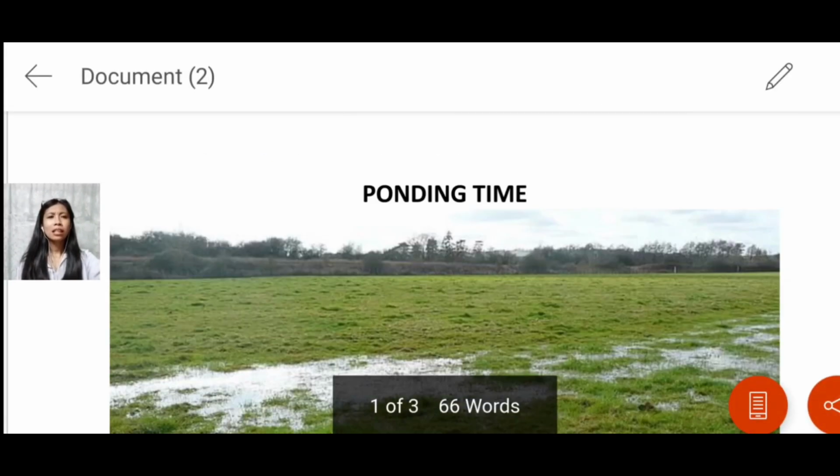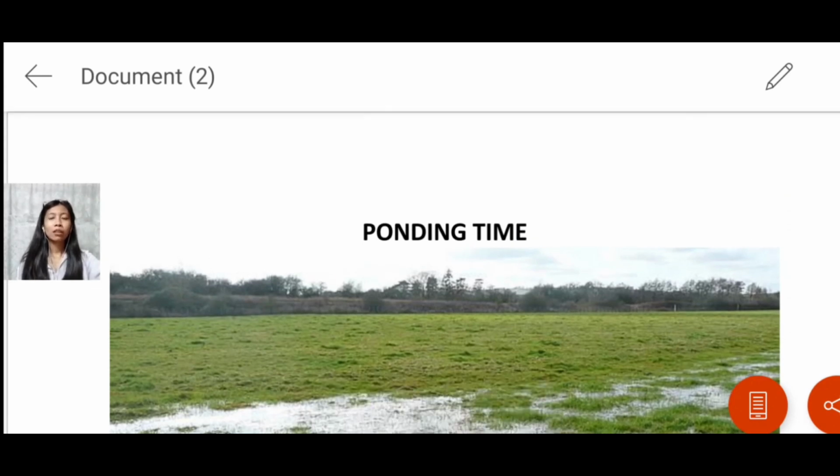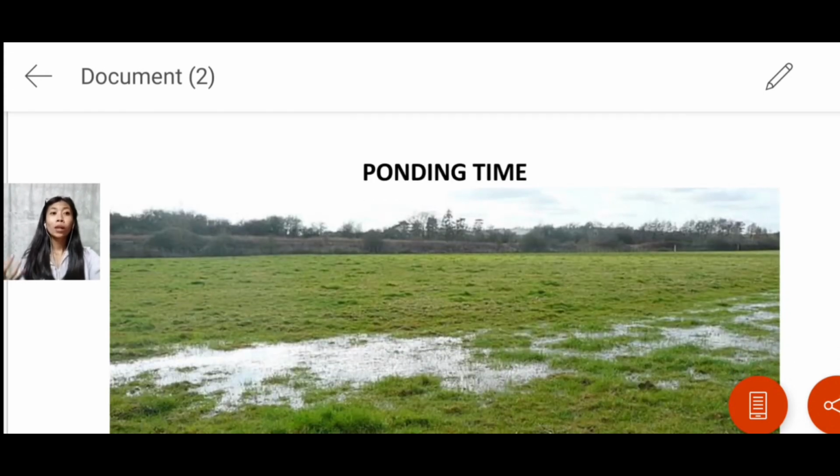Yes, so basically, we only have ponding if the rainfall or precipitation rate is already equal to or greater than the infiltration rate. Okay, meaning when there is precipitation or rainfall and the soil gets overwhelmed and its infiltration capacity can no longer cope, that's the time ponding occurs.